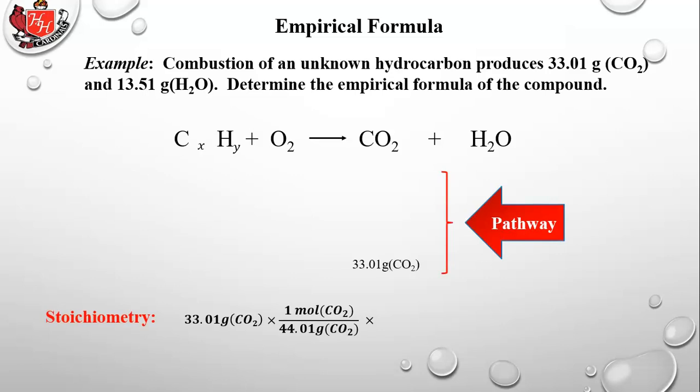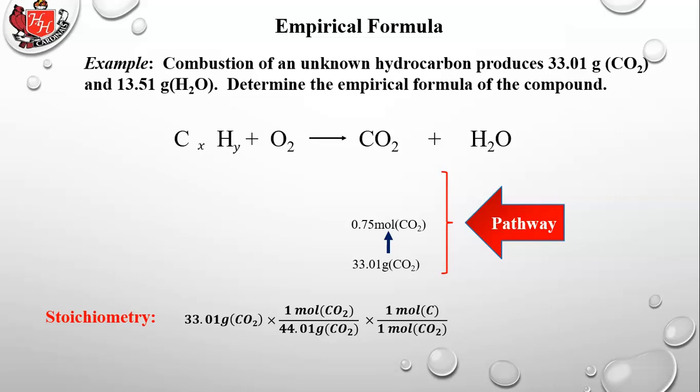We use the molar mass of CO2, 1 mole of CO2 for 44.01 grams of CO2, and that gives us the number of moles of CO2. So there it is, and that would be 0.75 moles of CO2. Again, we note that there's 1 mole of carbon for every 1 mole of CO2 based on the formula for CO2.